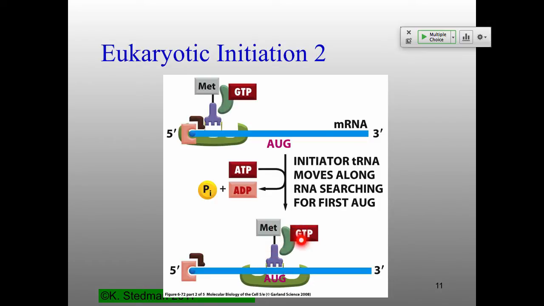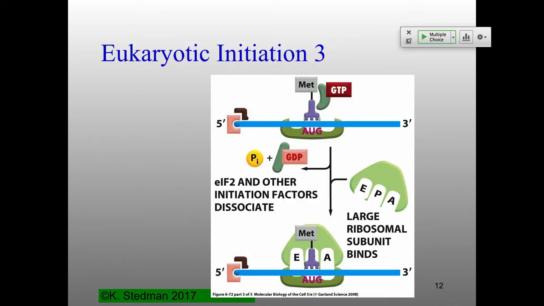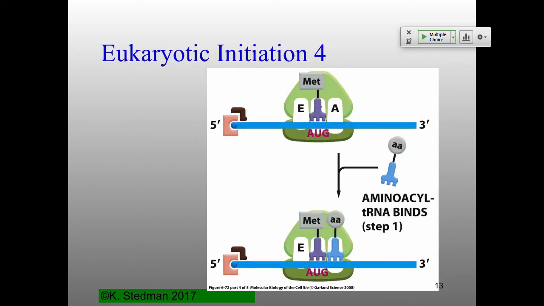Codon-anticodon binding, EIF2 hydrolyzes your GTP. That falls off. Once you have that hydrolysis, same thing happens as what you had happen in the bacterial system. You have EIF1A that comes off, EIF3 that comes off, large subunit of the ribosome comes together, and now you're ready to go. You're ready to elongate.